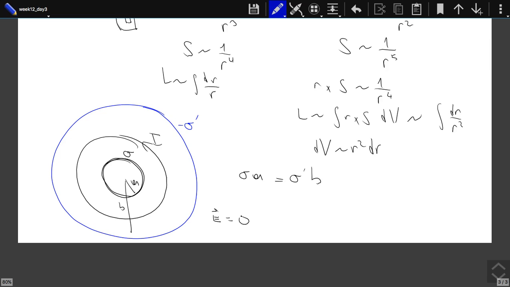Well, since outside the electric field is 0, the Poynting vector is E cross B. B, we said it's 0, but maybe not negligible. Well, maybe since it's an infinite volume, it might give a finite contribution. But now E is also almost negligible outside. So essentially, it's double negligible, let's say.